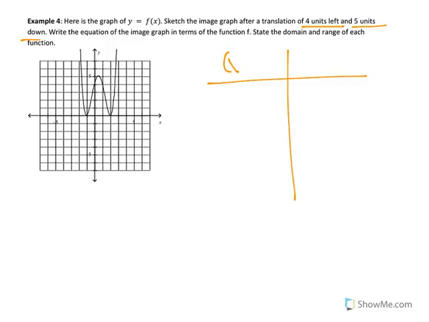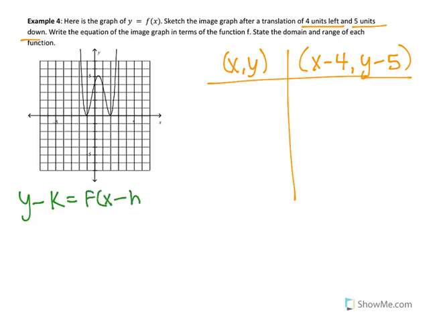Okay, so we have x and y, and our x is going to be 4 units to the left, so x minus 4, and y is going to be 5 units down, so y minus 5. We want to write an equation for this, so we're going to start with y minus k equals f(x minus h), and we're going to plug in our translations here.